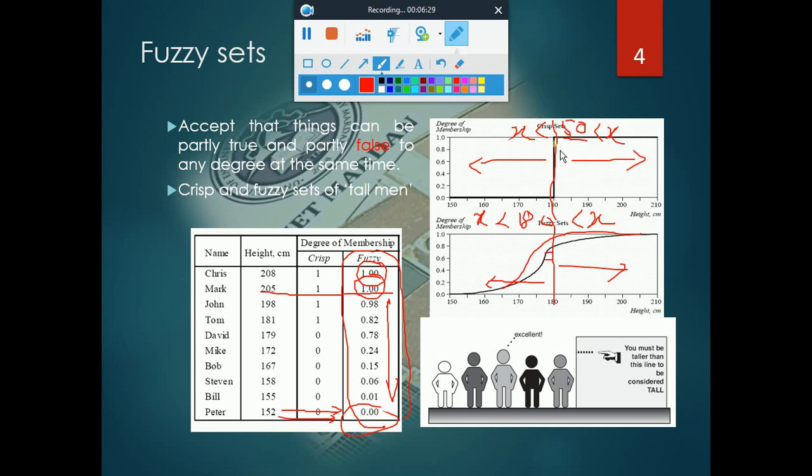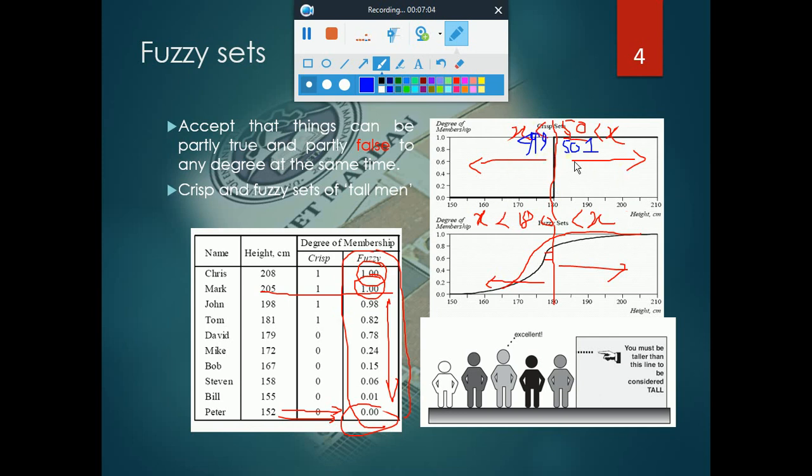So the car at 49.9, according to our assumption, will run as slow, and a car at 50.1 we say is at a high speed.